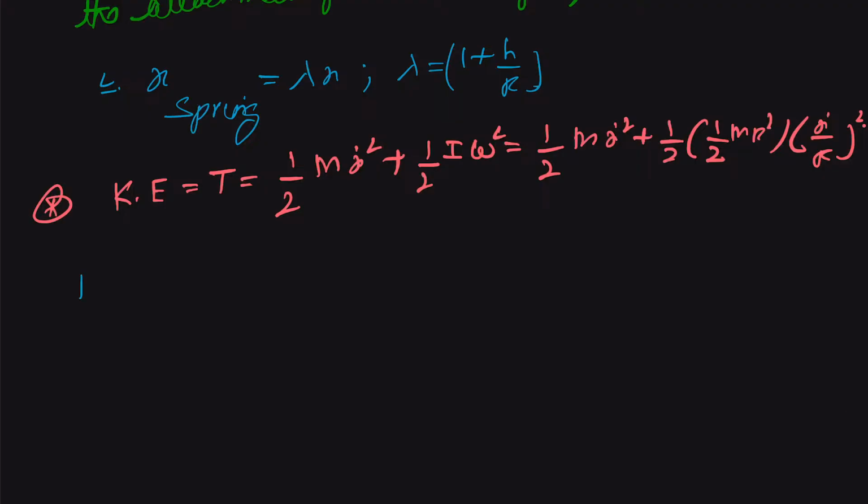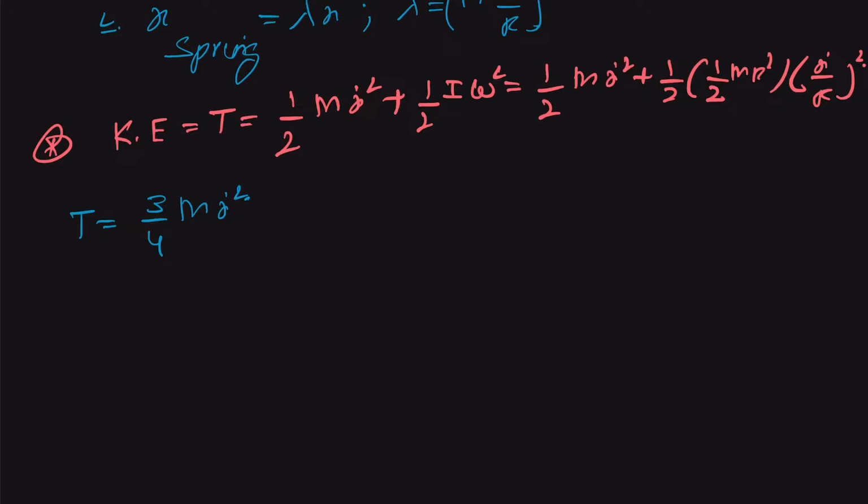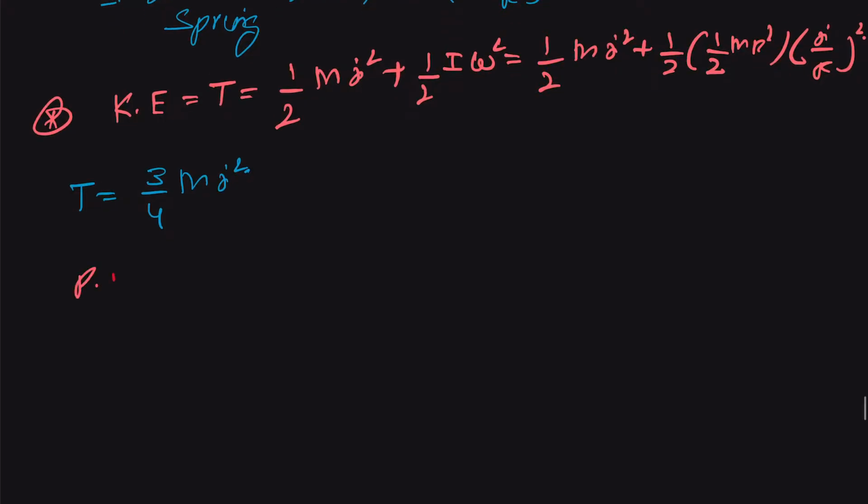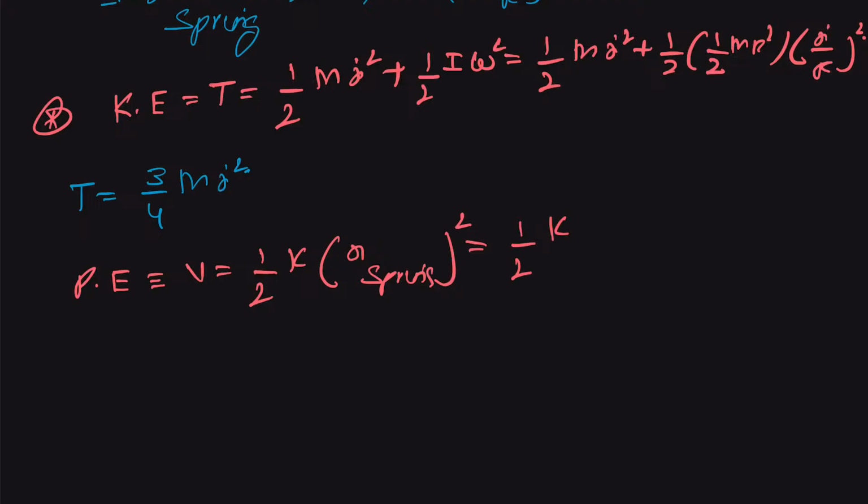And we can say that T will be equal to 3 by 4 m x velocity square. And the potential energy will be associated with the spring. So we can say our potential energy, V, will be equal to 1 by 2 spring constant times x spring whole square. And x spring is lambda times x whole square. So this comes as 1 by 2 k lambda square x square.